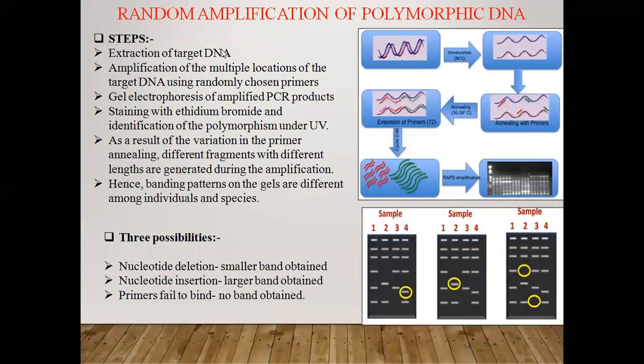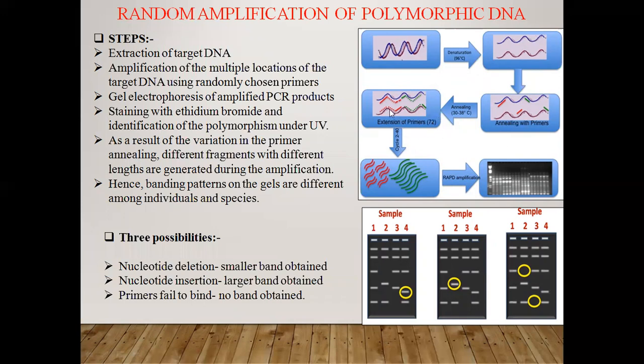First, a normal extraction of the DNA, then a normal PCR: denaturation is done, then annealing with the primers. After annealing, amplification of multiple locations of the target DNA using the randomly chosen primers is done.